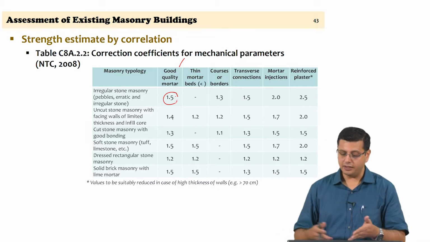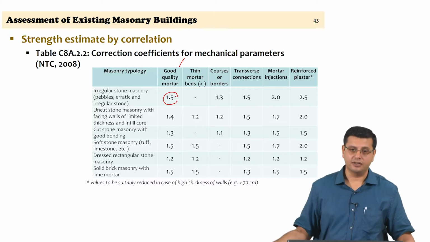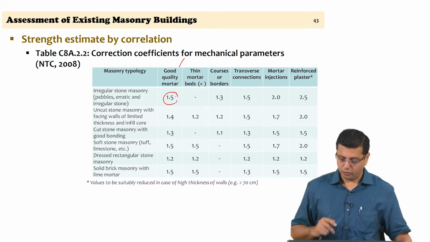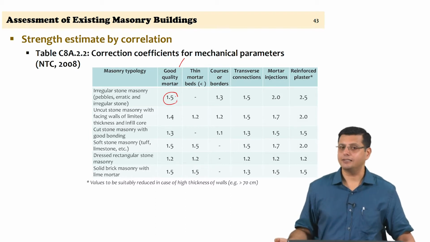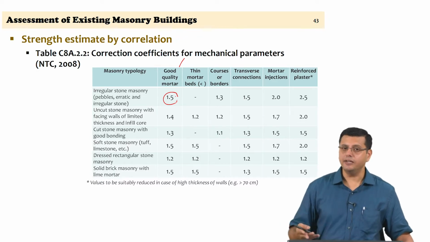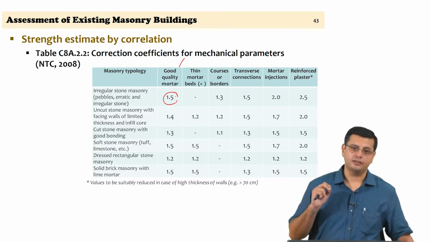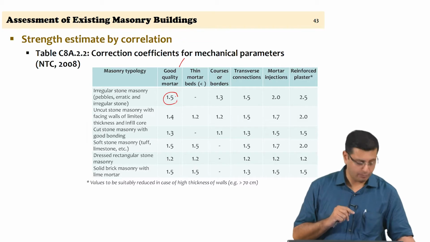And then of course, there are many other possibilities here. If it is grouted, if it has some plaster with some reinforcement, there are different values that you can use, and these have been calibrated against experimental tests. So, it is an important resource to draw on in the absence of actual strength estimates from the structure you are working on, but knowledge of the morphology of the structure is extremely important.